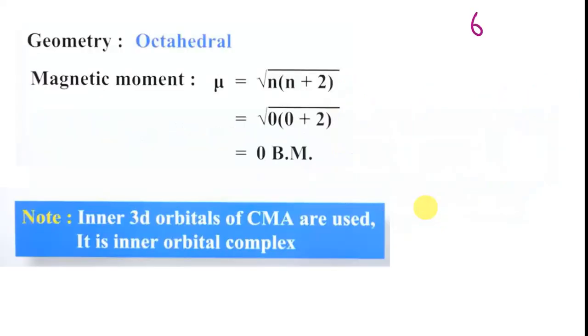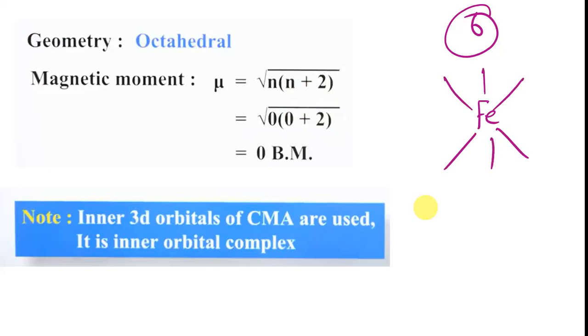So if there are 6 ligands, it will be an octahedral complex. Octahedral complex in the sense, here Fe is in the center. This is the structure of octahedral: CN minus, CN minus, CN minus, CN minus, CN minus, CN minus. This is the structure of the octahedral complex.